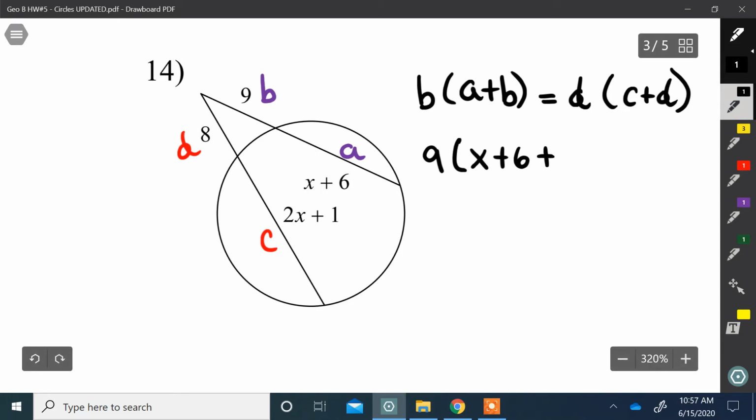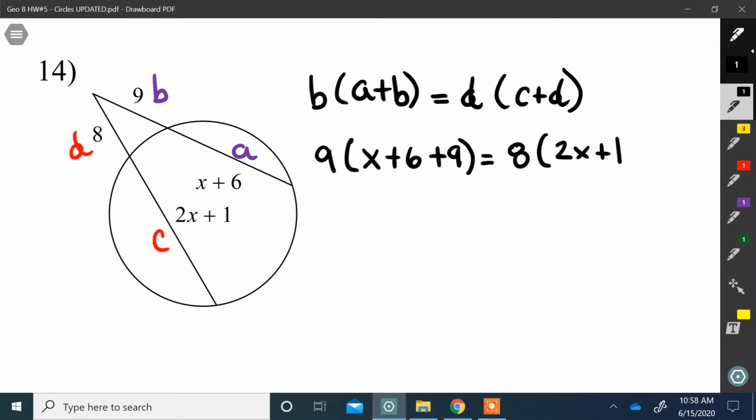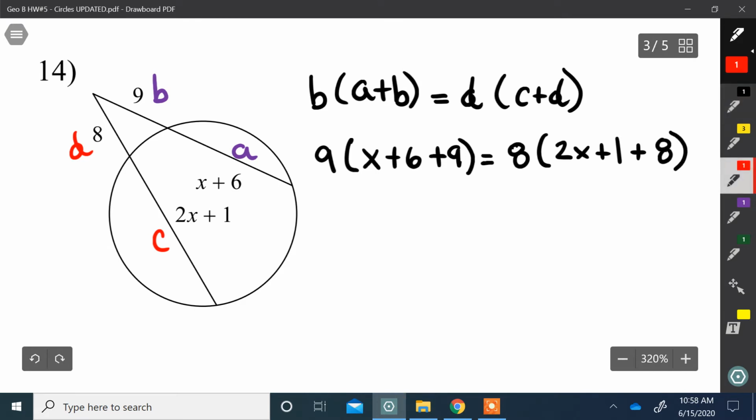B is 9. D in this case will be 8. C in this case is 2x plus 1. And then D, once again, is 8. So, once again, guys, this is my B, this is my A right there, this is my B.